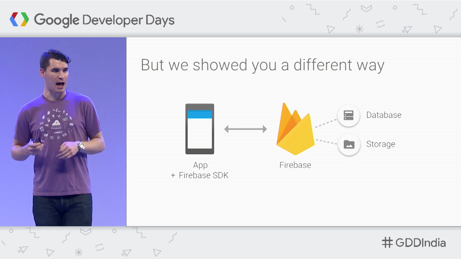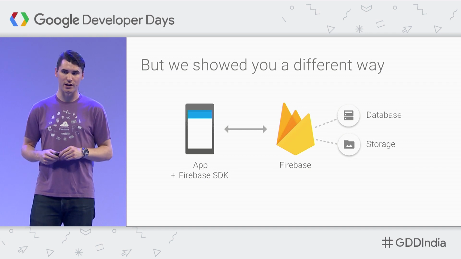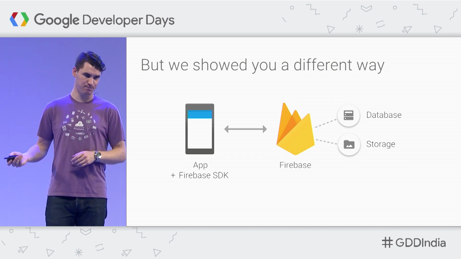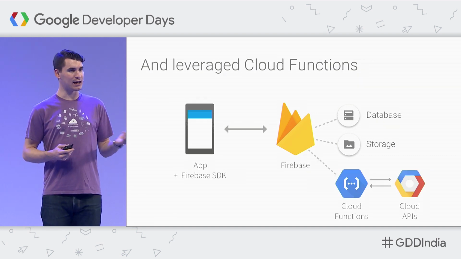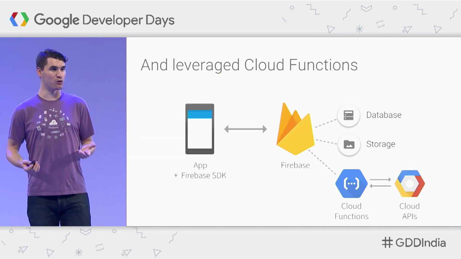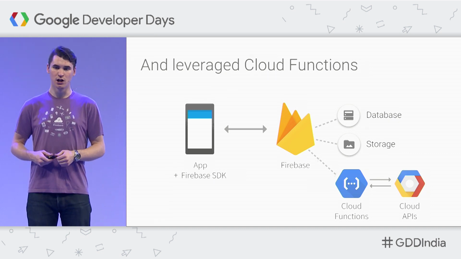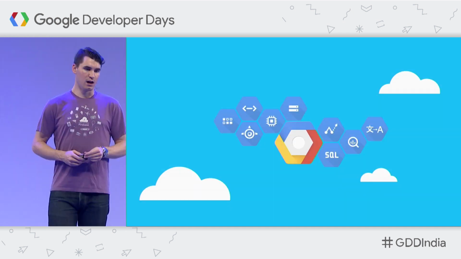Dan showed us how to replace that with Firebase and allow your application to talk directly to our various services in order to build serverless and management-free applications. Then Todd came up and explained how to add Cloud Functions to supercharge your application by adding the rest of Google Cloud Platform, including the Cloud Speech and Cloud Translate APIs, to securely and performantly build the rest of that application.